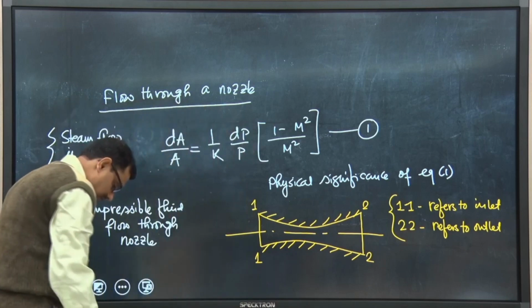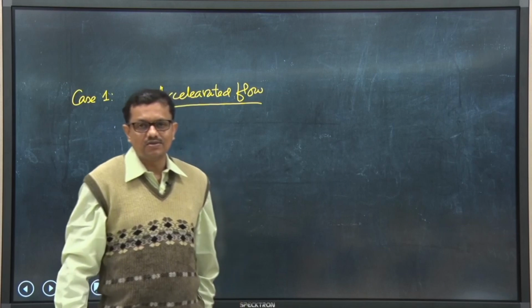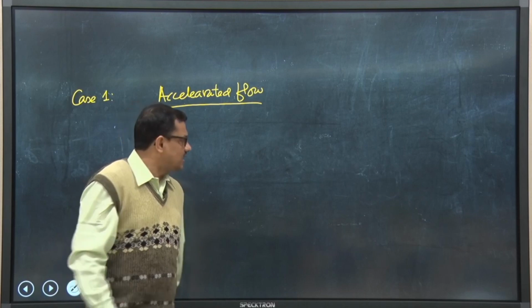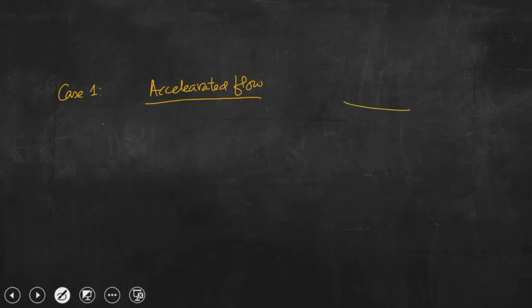If the flow is accelerated flow, we have learned from fluid mechanics that in the direction of flow, the flow velocity will increase. Let us look into this particular configuration. Say this is P1 and this is P2. When the flow is accelerating, velocity will increase in the direction of flow, so pressure should fall.